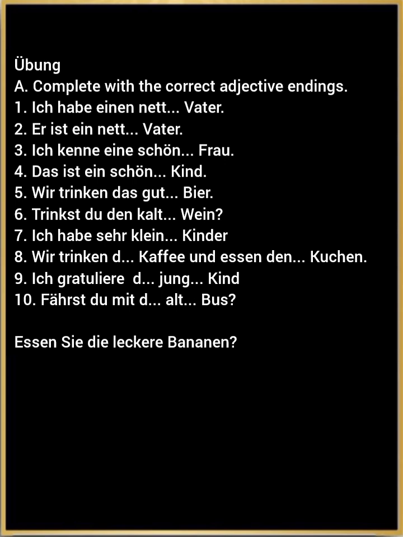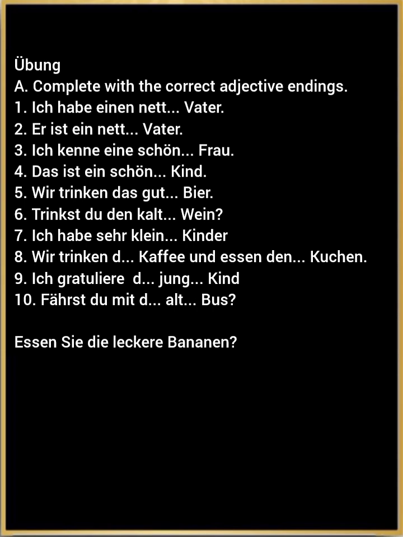Number 8, wir trinken, it's accusative. So, wir trinken den Kaffee und essen den Kuchen. Okay, 2 more. Ich gratuliere. Now they've used the verb gratuliere. If you check on the topic of cases of nouns, gratuliere is a verb plus dative.